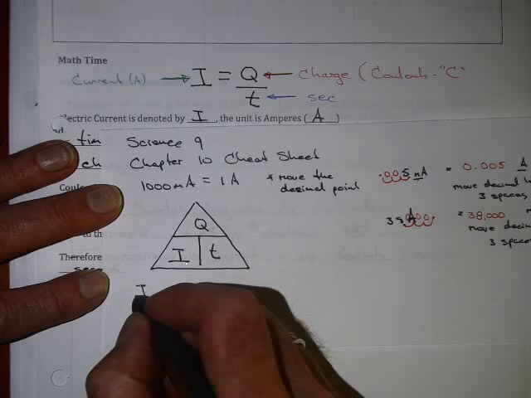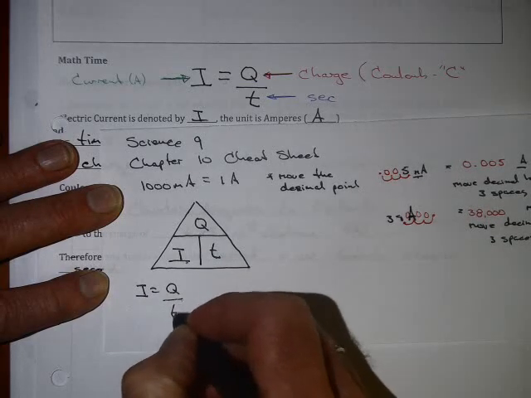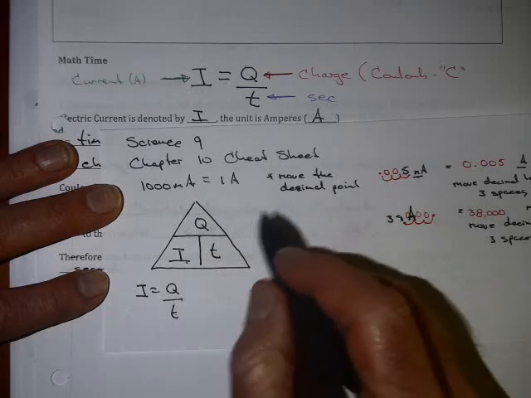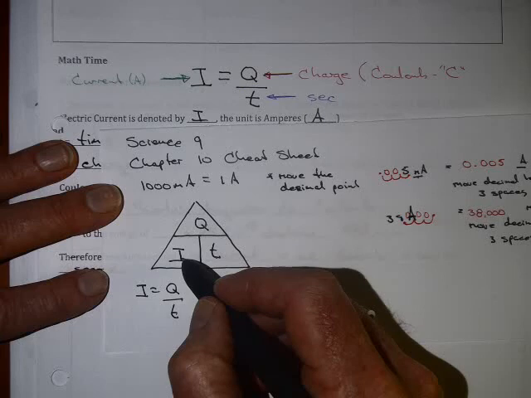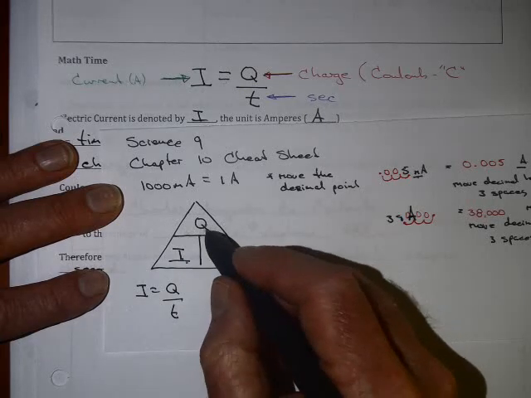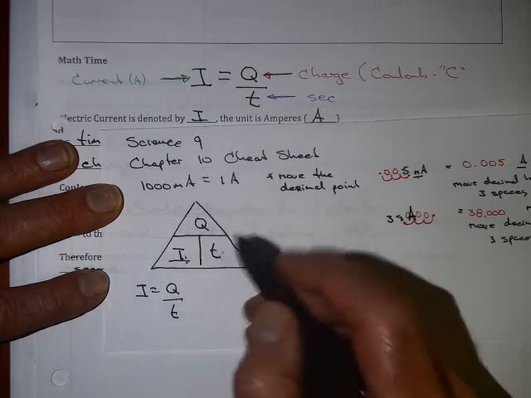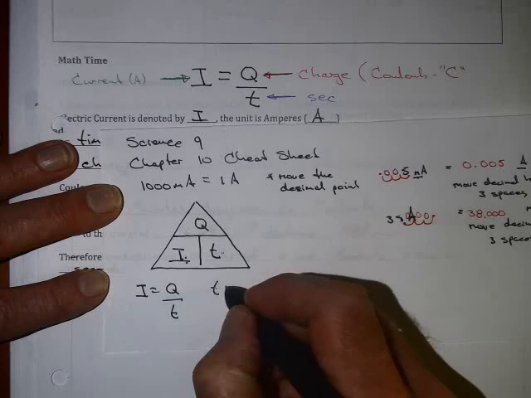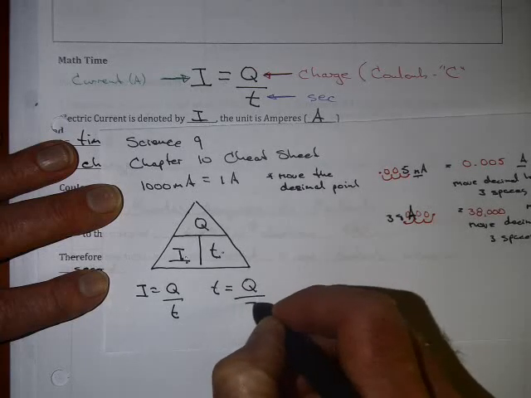Current is equal to Q over T. How about if you were given the charge and the current and you're asked to find time? Time is equal to charge divided by current. So T is equal to charge divided by current.